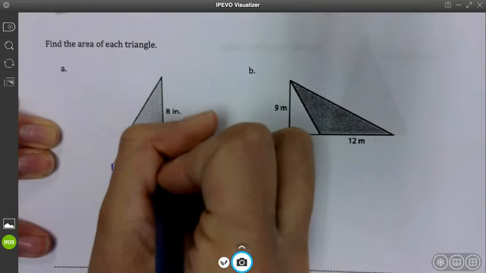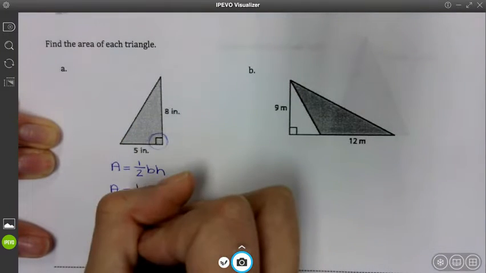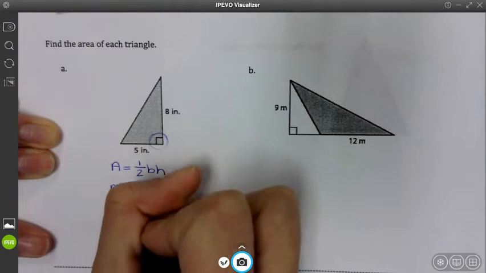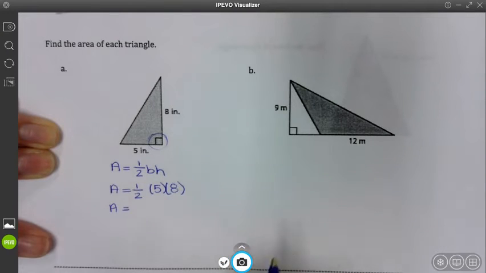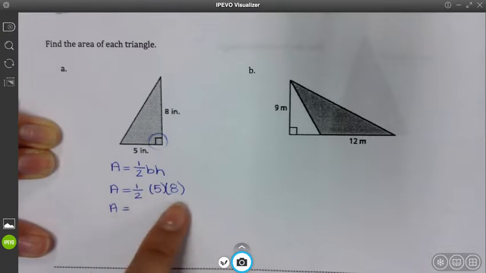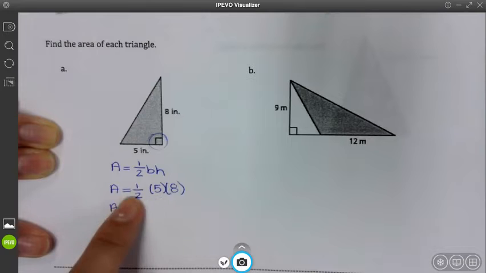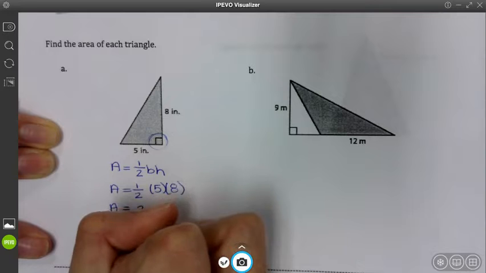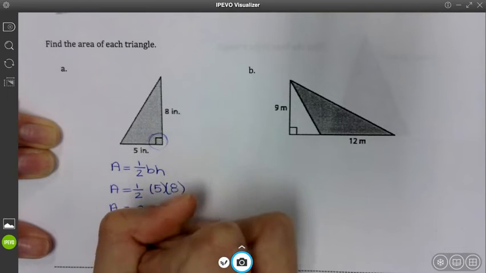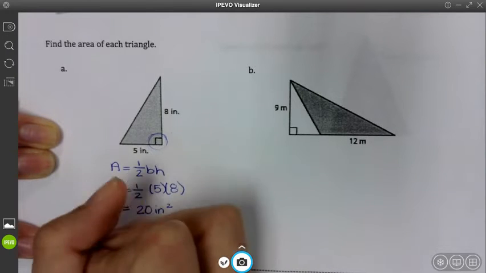I'm looking for that right angle to see where the base and the height are. So the base and the height are 5 and 8. And then you solve. You can do this in any order since multiplication is commutative. We could do 5 times 8 is 40, split into 2 equal pieces is 20. And we label inches squared.